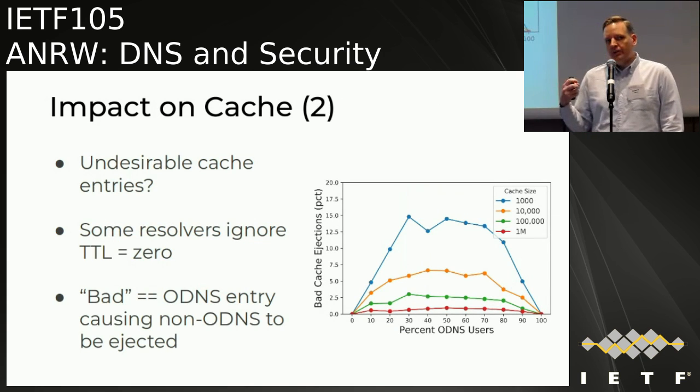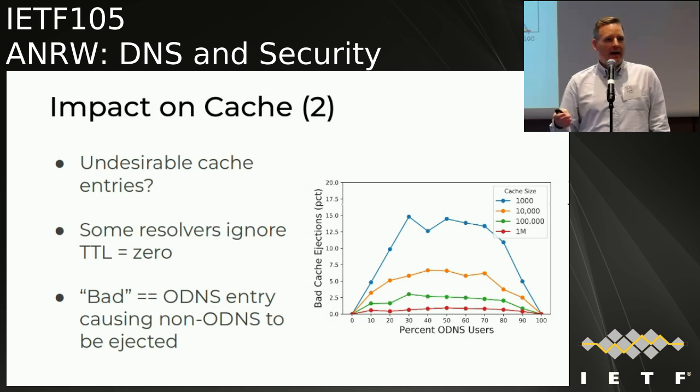We also were worried about undesirable cache entries. So we set our responses with a TTL of 0, which should mean do not cache this. However, some resolvers out there ignore that value entirely. Some actually treat 0 as a special value where they permanently cache it. So we had to measure this and try to understand it. We did the same set of simulations where we were varying the percent of ODNS users, and then we varied the size of the cache at the recursive.